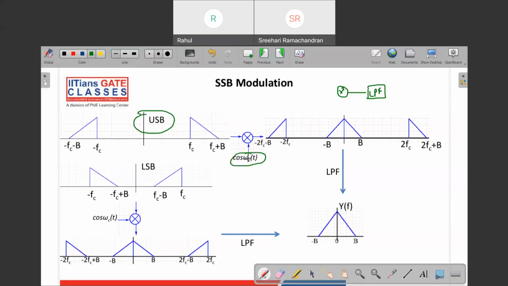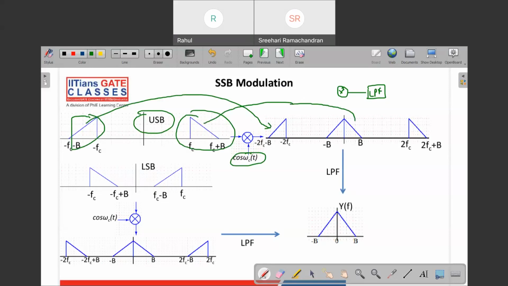So we know that when you multiply the DSBSC signal with cos omega ct, the signal will shift left and right. Once it shifts left, this portion will go here, and when this signal shifts left, it will come here.